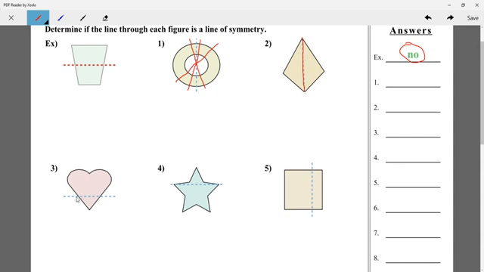Now this one. If I were to fold this part over here, would it be a line of symmetry? And the answer is no. If this were a line of symmetry from the bottom, it would be kind of a diamond like that, right? If I were to fold this into this, then that would be a line of symmetry. It's not perfectly drawn, but you can see what I'm going for. And then on this side, if I were to do the top line of symmetry, it would be something like that.